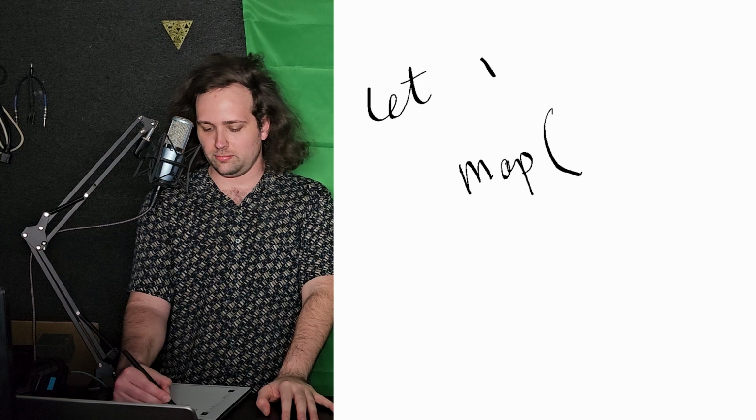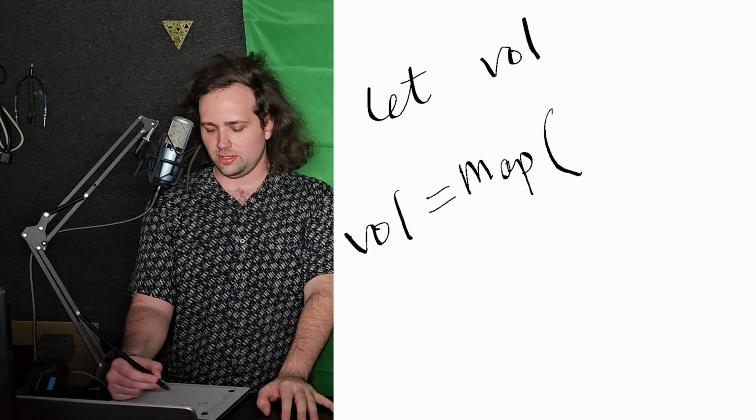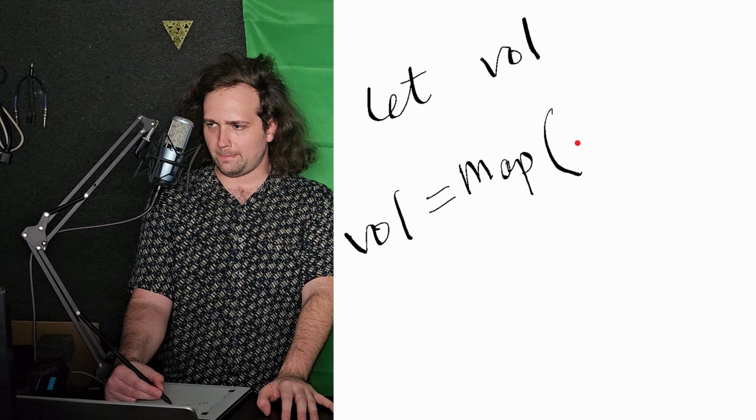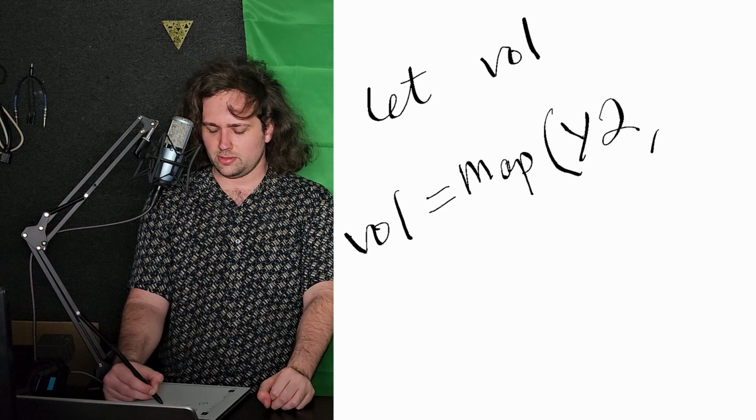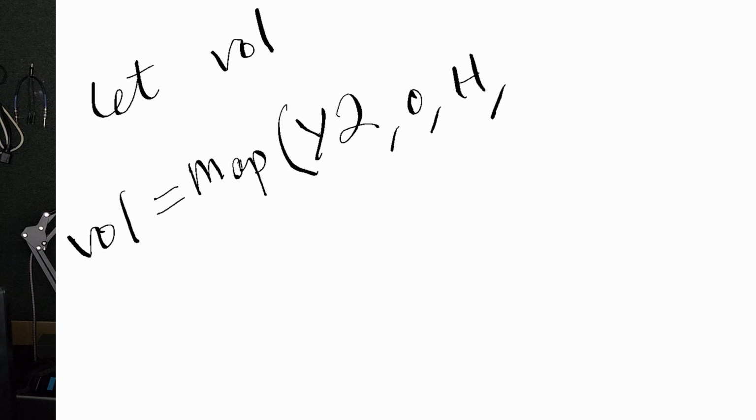I'll go let volume, initialize a volume variable, and then set it equal to map. So map y2, map that from between 0 and the height of the canvas to between 0 and 1.